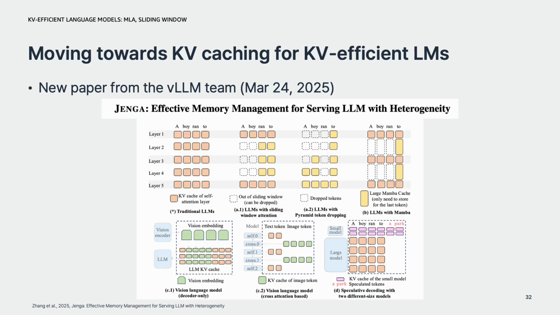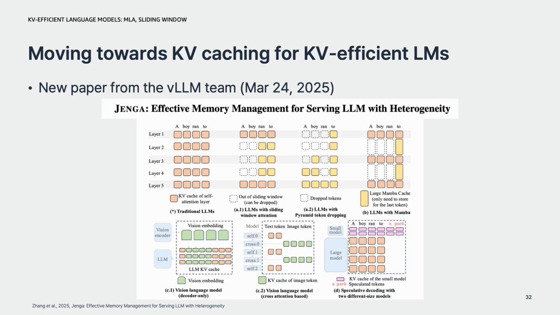And these days, vLLM is a popular choice for LLM inference. There's a recent paper from the vLLM team from March 2025. This paper, Jenga, introduces efficient memory management, and here memory, I think, includes the KV, for serving LLMs with heterogeneity.